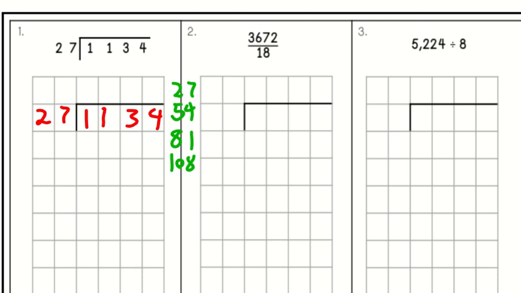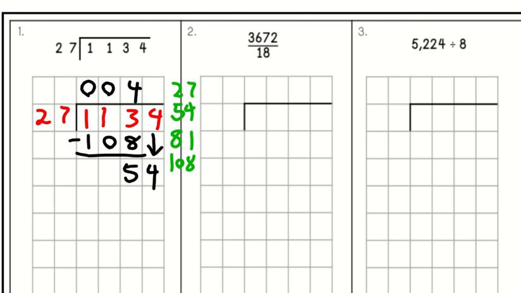So as I do my division, 27 doesn't go into 1, 27 doesn't go into 11. For 113 then, that 108 goes into it. So that's 4 times because it was the 4th one listed. So that gives me 108. When I subtract, I get 5.